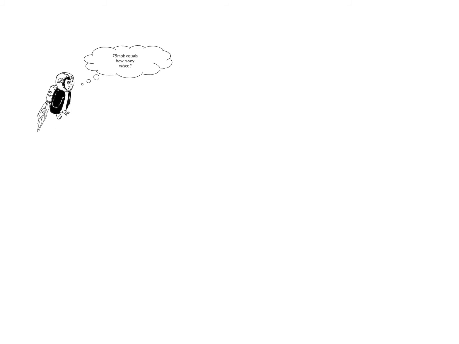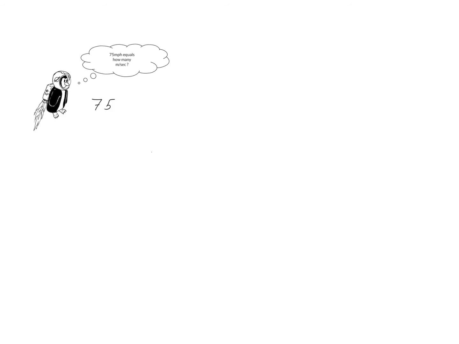Unit conversions can also be multi-step. For example, if we have 75 miles per hour, how many meters per second is it? Start by writing what you know, 75 miles all over 1 hour. Now you have to pick which unit to get rid of first.